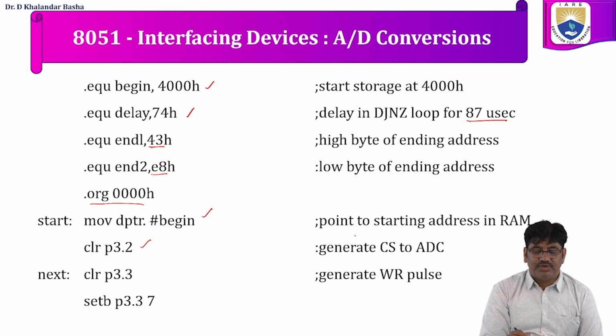The purpose of this is to make the CS signal active. When the CS signal is active low, we have to write 0, then the ADC will be active or selected.